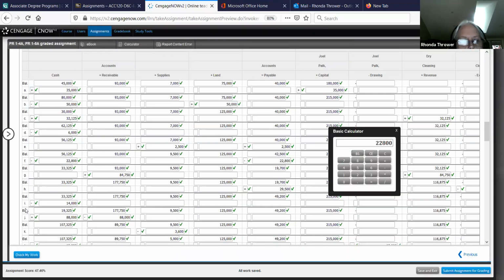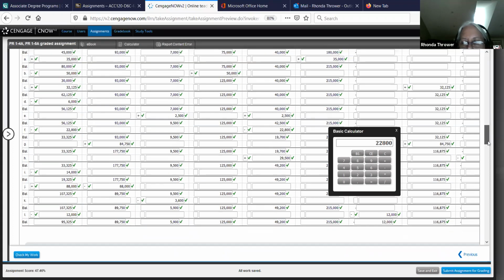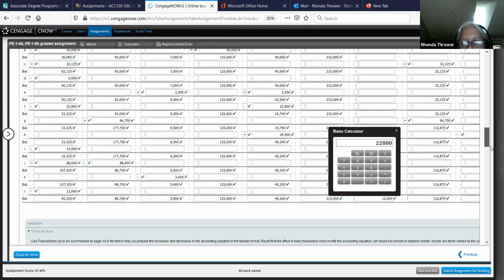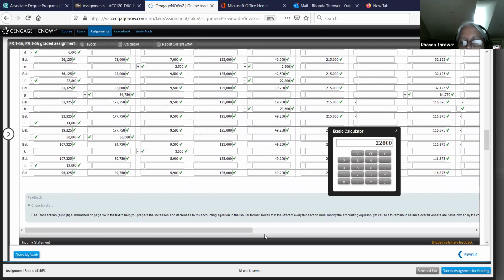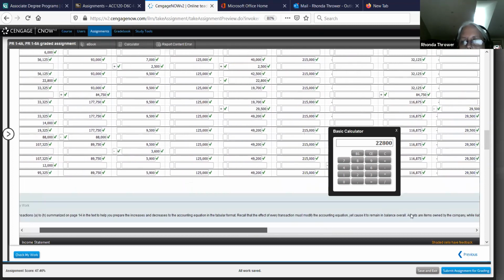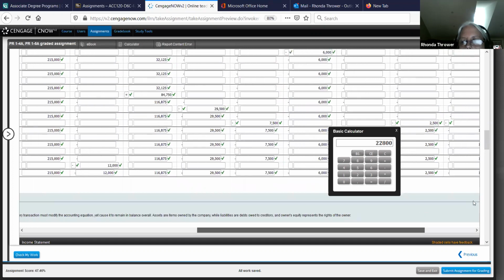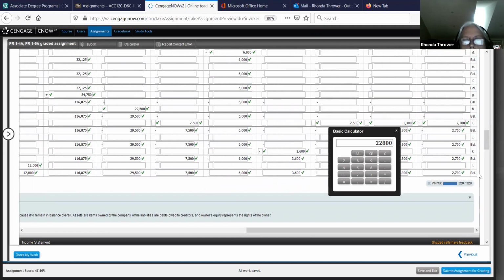And that transaction was for the I transaction, and that $14,000 decrease for the I transaction was all of these expenses here.